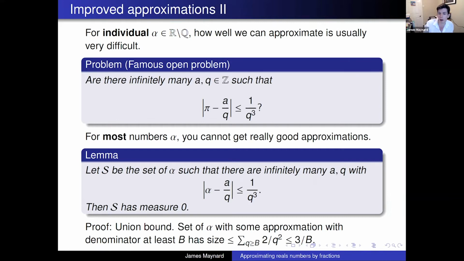Because the sum of 2 over q squared converges, the total measure of numbers which have an approximation of this type with some denominator at least b is at most 3 over b, and so this proves automatically that S must have measure 0, because it must be less than 3 over b for every positive constant b.